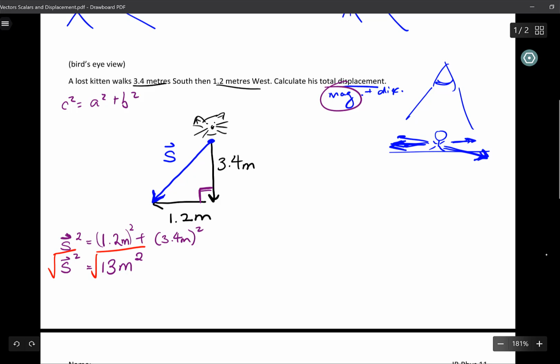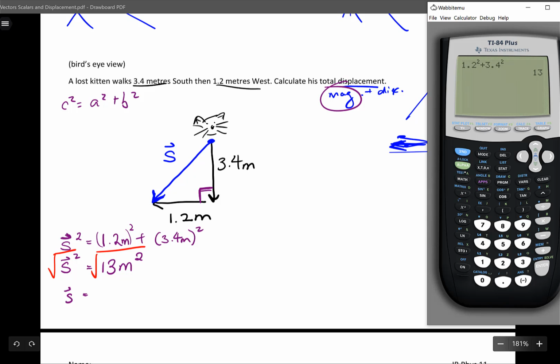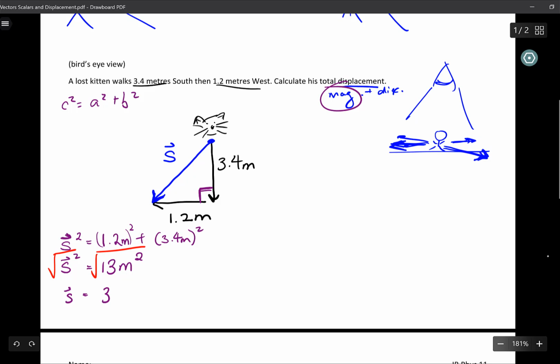So this gives us our displacement is the square root of 13, which is 3.6. If we round it to two significant figures, that's 3.6. Now the units are also square rooted, so we are left with just meters.